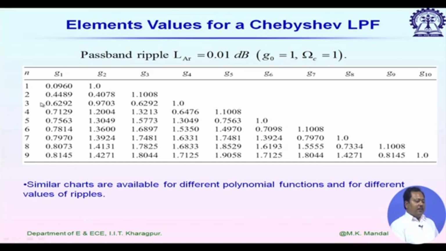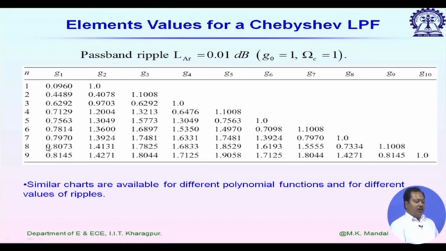Then, for example, if I consider n equal to 2, we have g1 equal to 0.4489, g2 equal to 0.4078, and g n plus 1, that is the load, 1.1008. Similarly, depending on your attenuation requirement, you can choose the order of the filter.